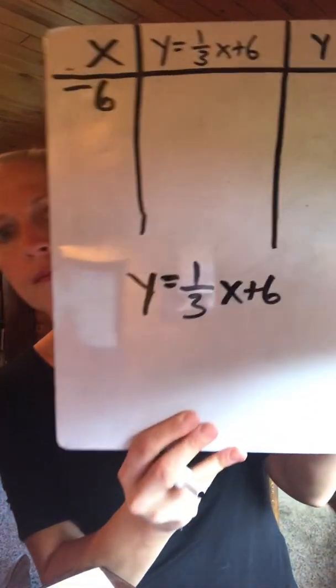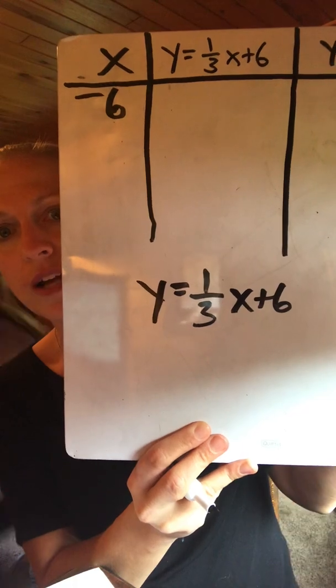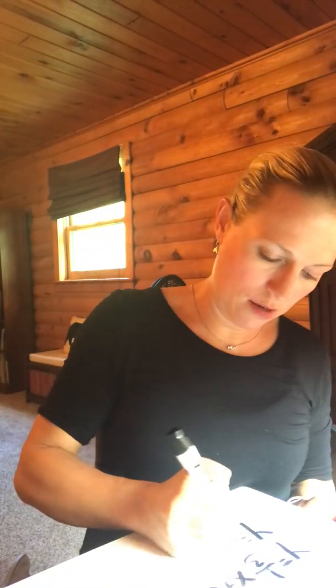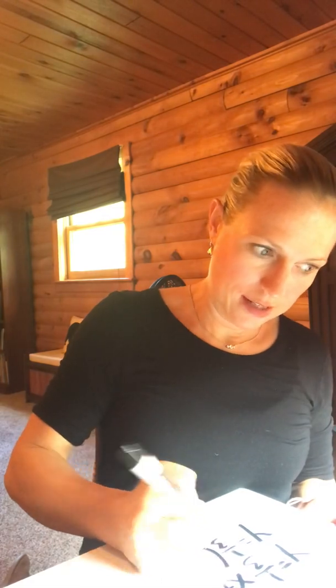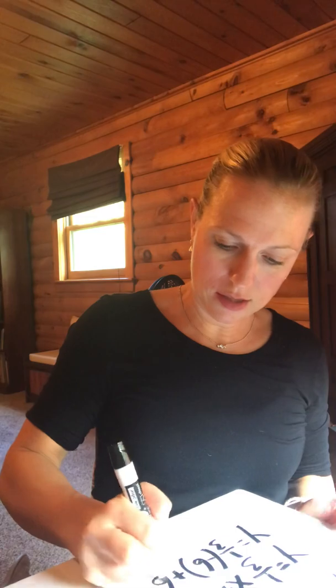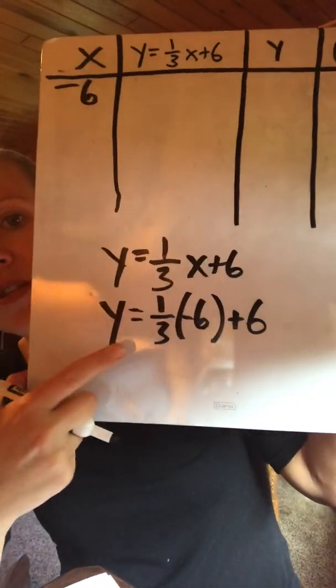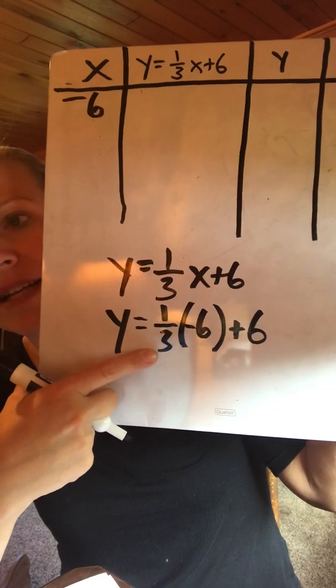I'm going to plug -6 in for x. So y equals 1/3 times x, which is -6, plus 6. So this right here, 1/3 times -6.